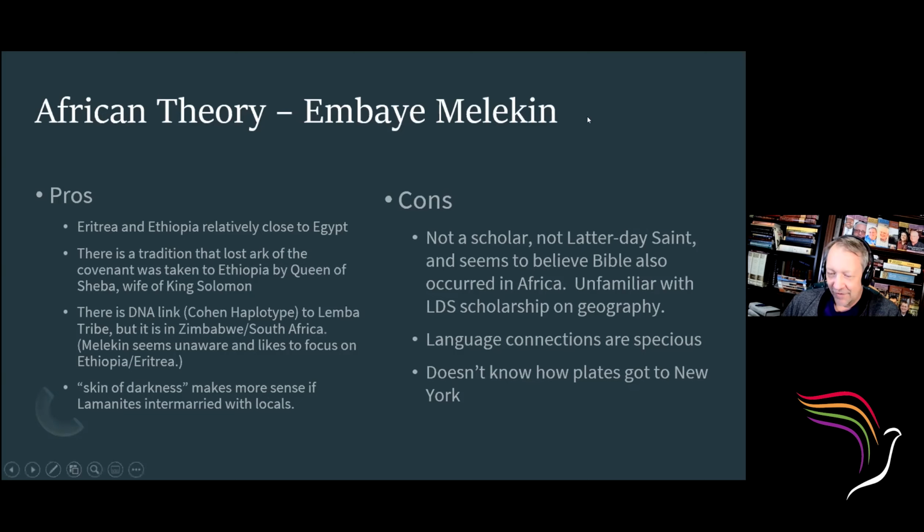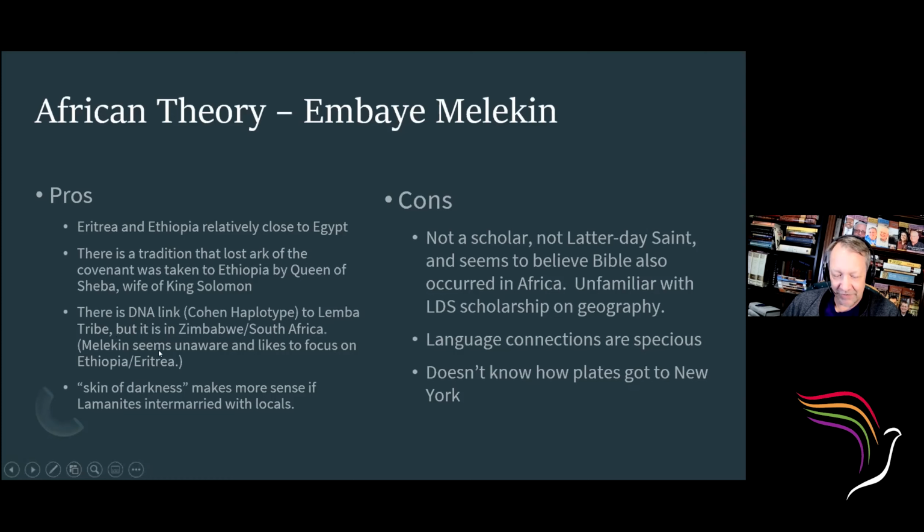Another thing with regards to Africa, there is a DNA link. Unlike most of the other theories, there's a Cohen haplotype, which is basically a gene that is common to modern day Jews. And it was found among the Lemba tribe. Now, the problem is the Lemba tribe is found in Zimbabwe and South Africa.